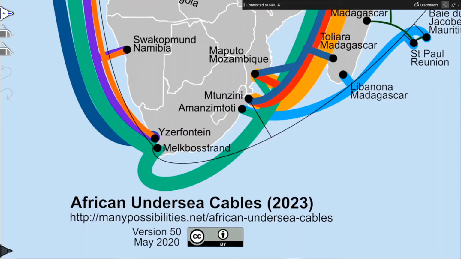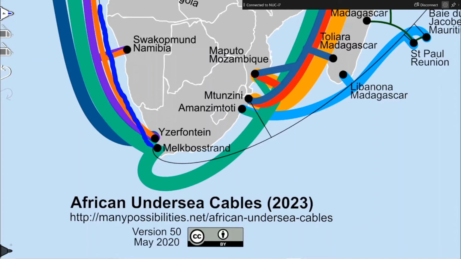For those of us who've been using the internet for a long time, the most interesting part of this picture may be the SAT3 cable. That is a thin line sitting there going up north, which for many years was the only connection that South Africa had via an undersea cable with the outside world.